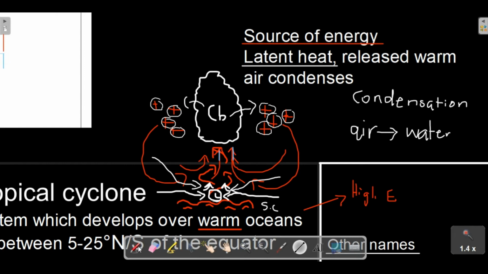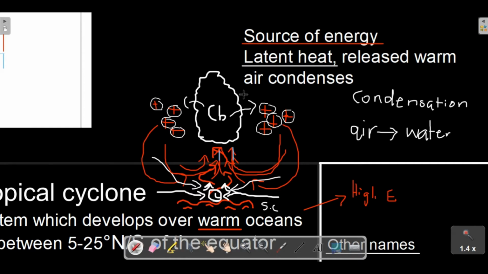Latent heat, guys, adds more fuel and promotes further development of the tropical cyclones, because it provides energy to the surrounding air particles, which get energized, enter the system again and join the circulation again.